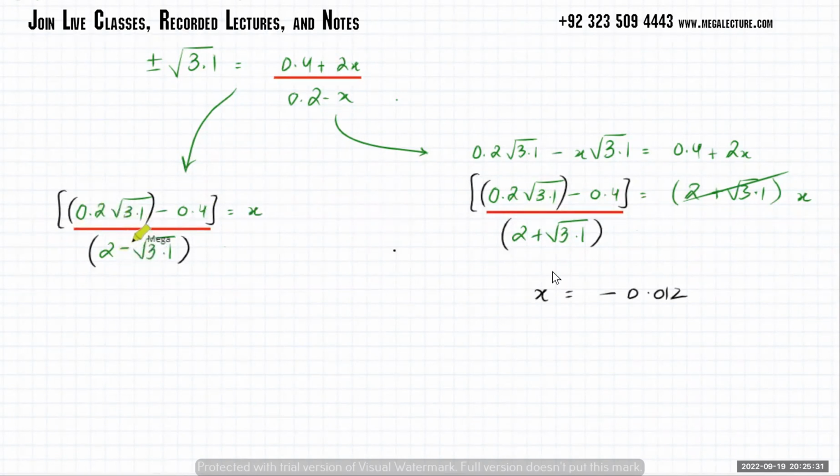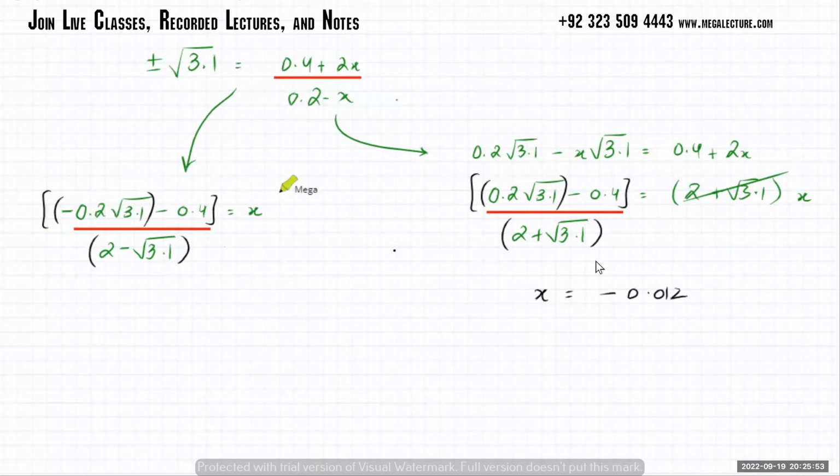That's one difference. And this thing over here will become, instead of 0.2 into 3.1 under root, it's going to become minus. There's going to be a minus sign over here. Is that clear? Okay. Don't waste time doing this all over again.